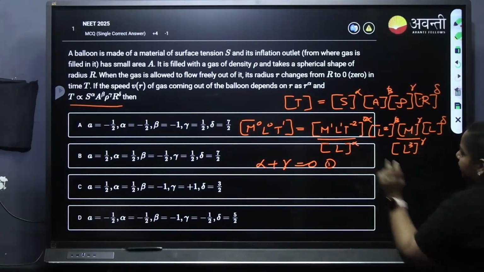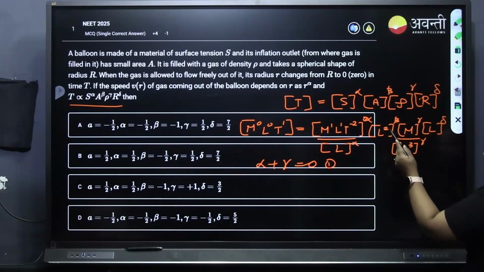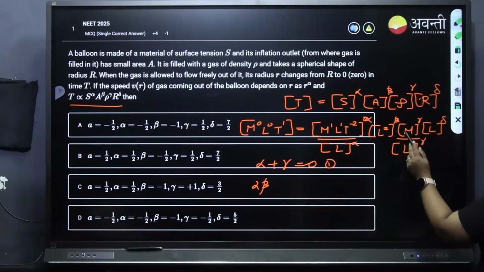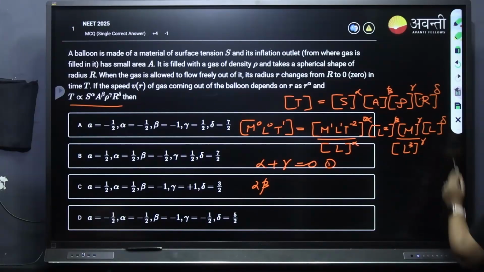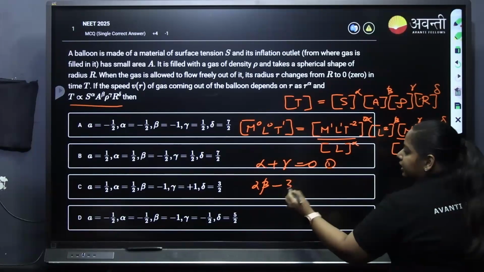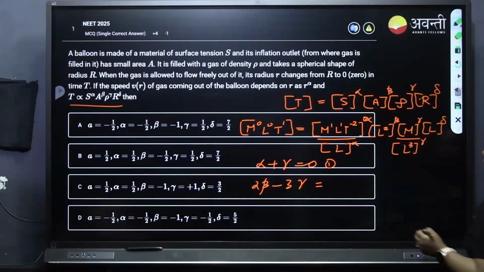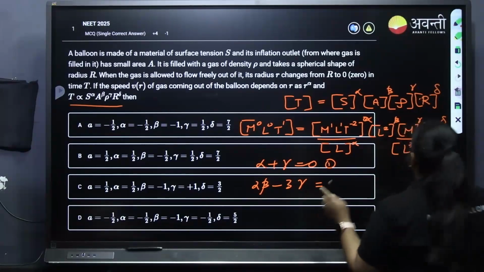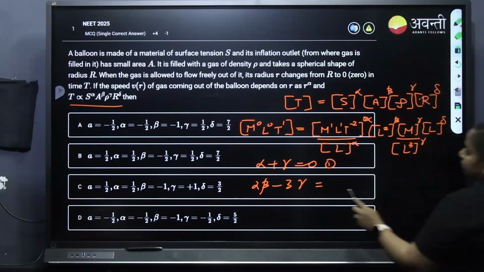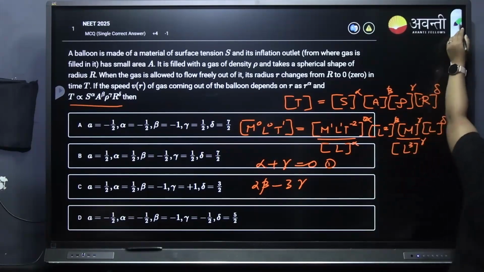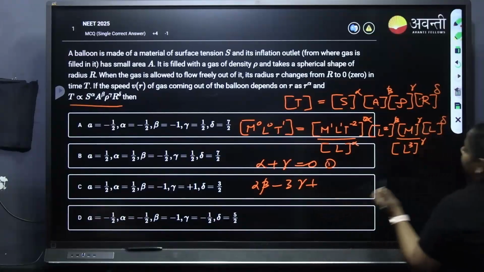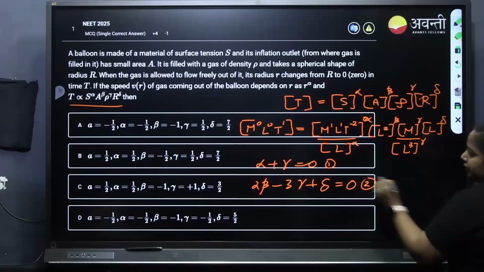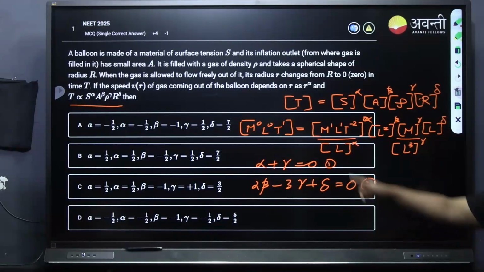We don't have to take that. Coming to here we have 2 beta, then minus 3 gamma, plus 1 delta is also there. Plus delta equal to 0. This is the second equation.